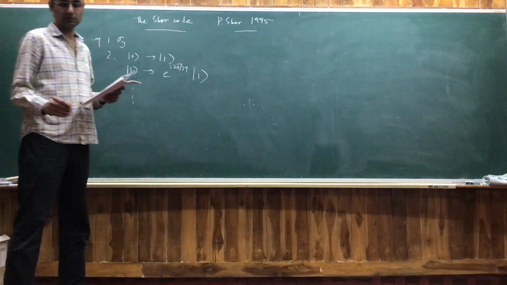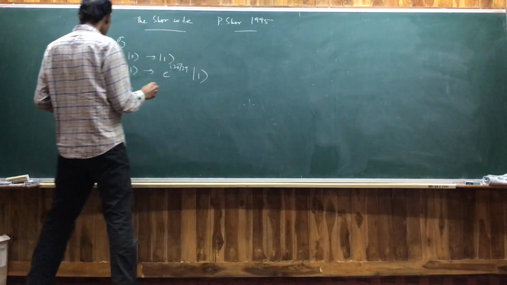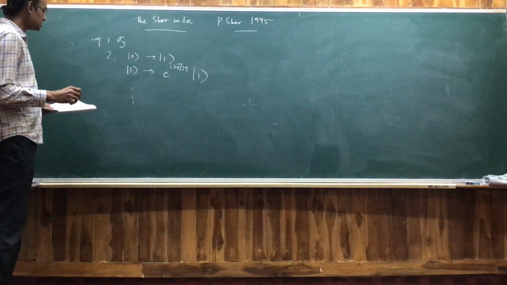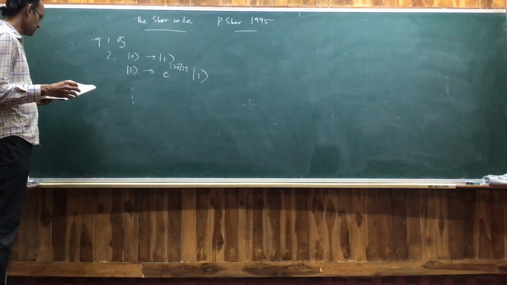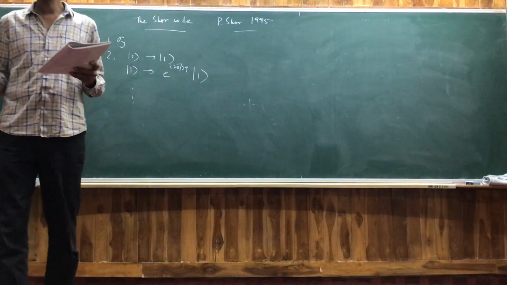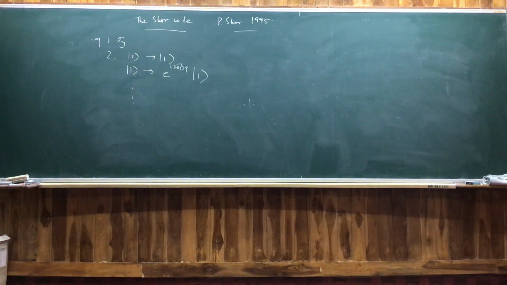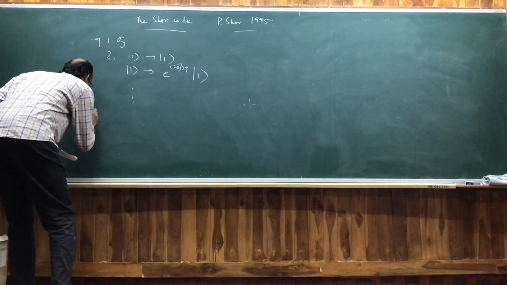So we will do this in steps. We will first assume that the communication channel has a bit flip as well as a phase flip error, and see whether we can correct that.